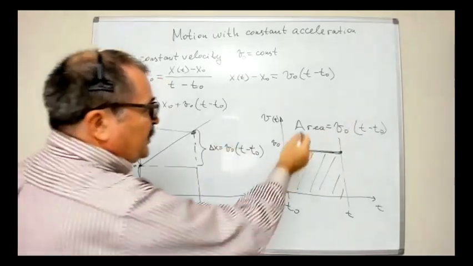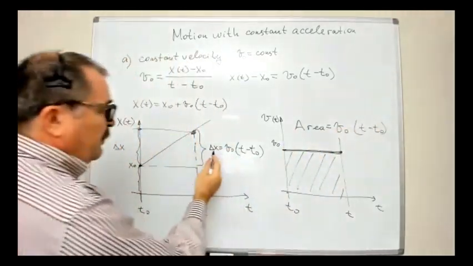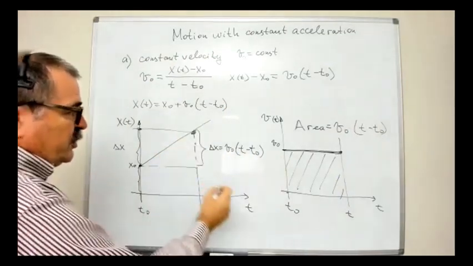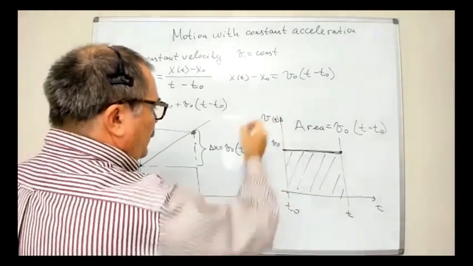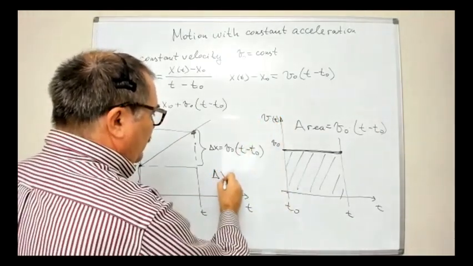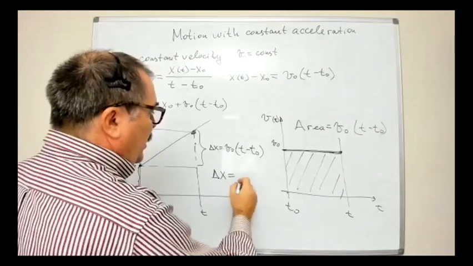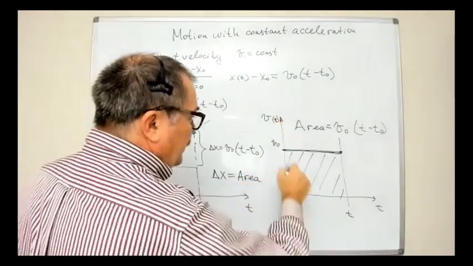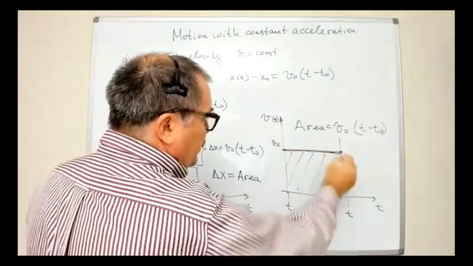And if we compare this expression with the displacement, we can easily see that for this motion the displacement delta x equals the area under the curve of velocity versus time.